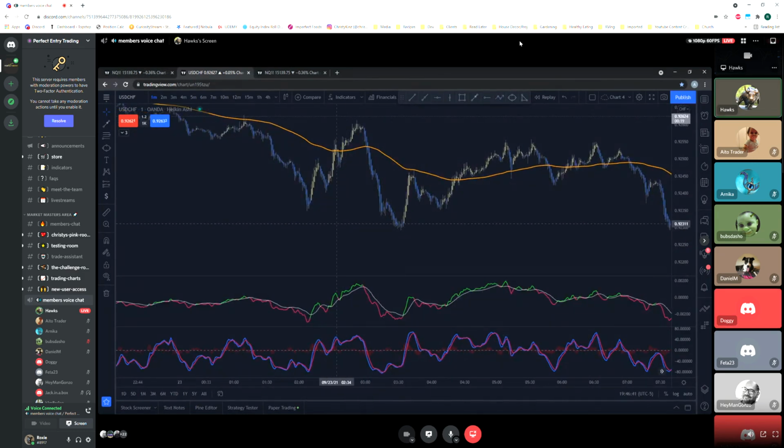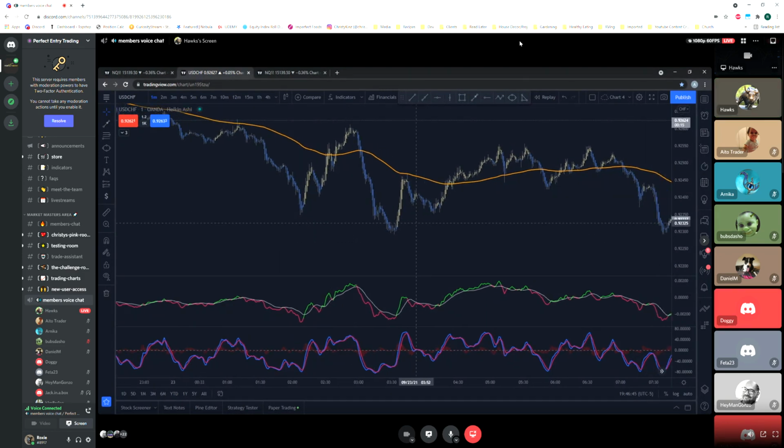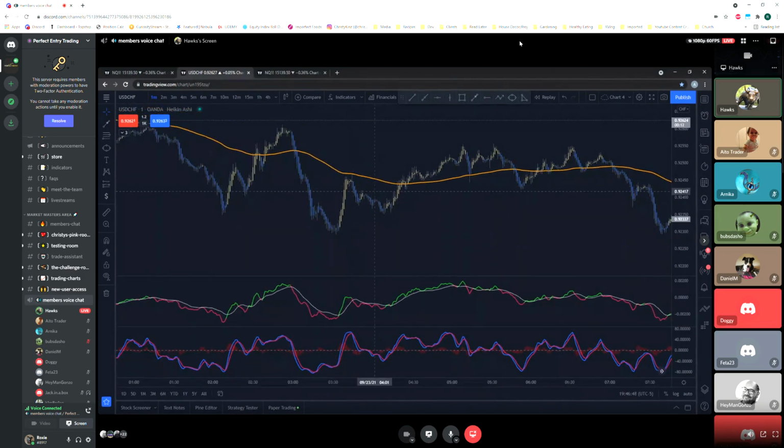any wedges or flags. Actually, I think this right here is a nice flag pattern. This one is descending, this flag pattern.